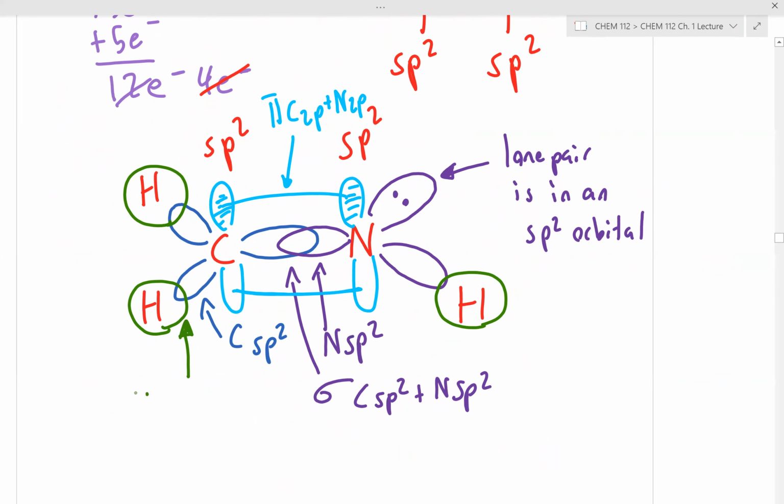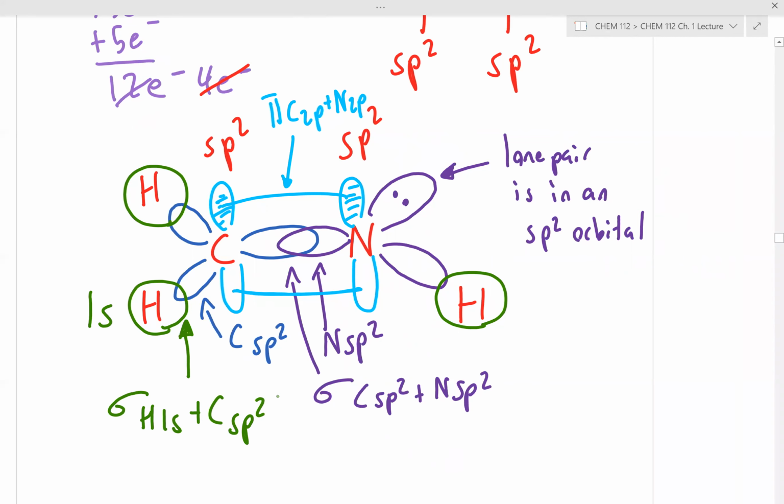Sigma. Yep. So this is sigma. And what orbital is hydrogen contributing? It's contributing a hydrogen 1s. And then what orbital is carbon contributing to this bond? sp2. Yep.